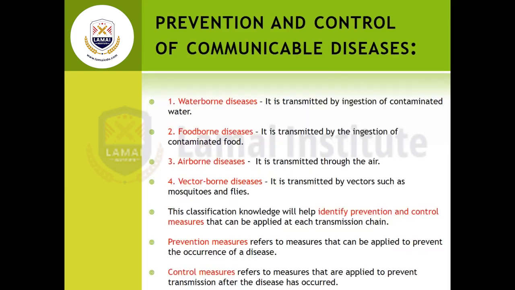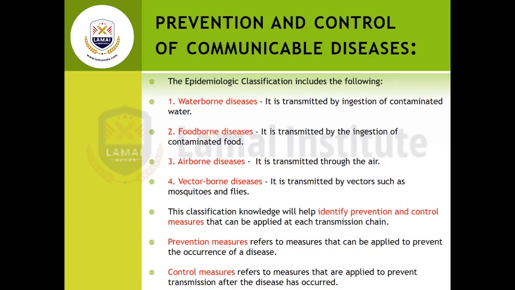Now, the other thing is when it comes to epidemiological classification, we can classify diseases as waterborne diseases, or foodborne diseases, that is, transmission through the ingestion of contaminated food. Then also you can have what we call airborne diseases, where the diseases are transmitted through the air.